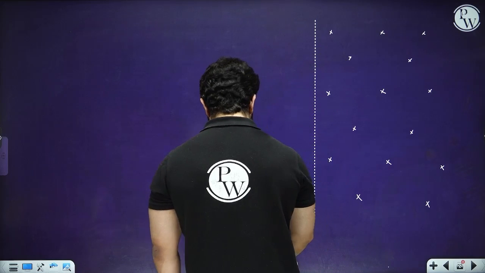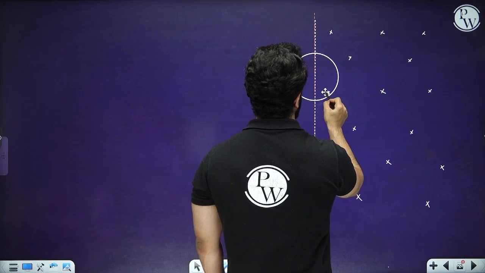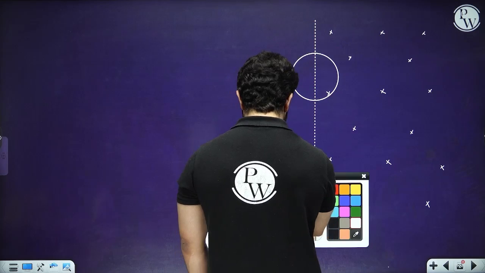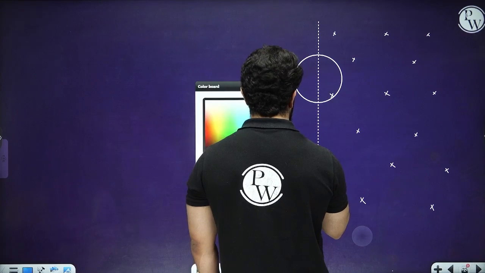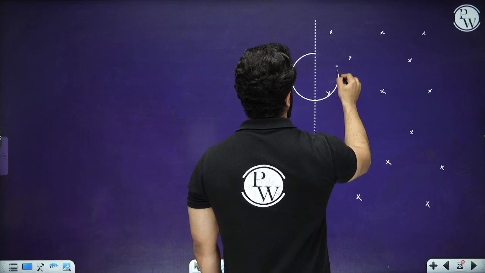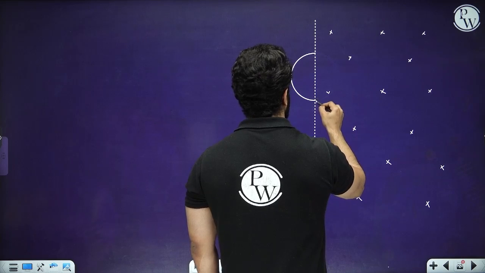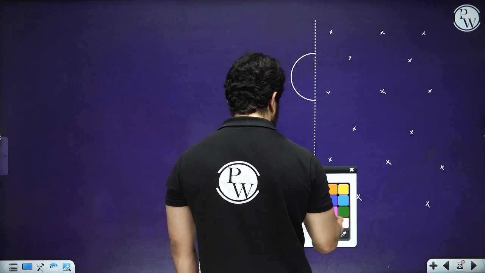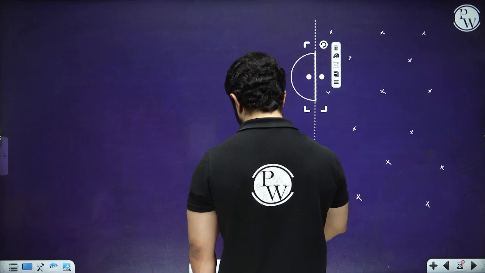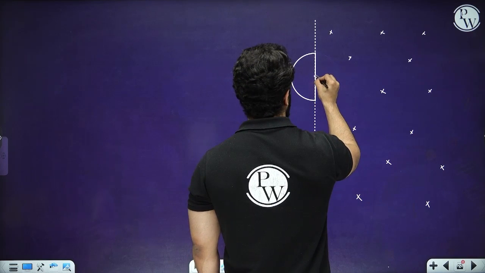Right, and we have got a semicircular object over here, something like this. This is a semicircular ring, alright, and it is revolving about this diameter, about this point, with angular velocity omega.